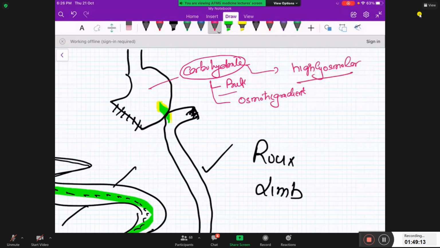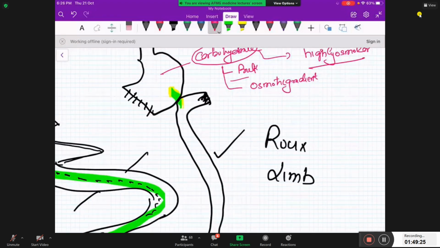Our food is mainly made up of carbohydrate, and that carbohydrate not only adds bulk to our food but also makes it highly osmolar. Now what happened is that suddenly such highly osmolar food, which normally was reaching the jejunum after getting diluted in the duodenum by secretions of the duodenum, has now reached the jejunum.